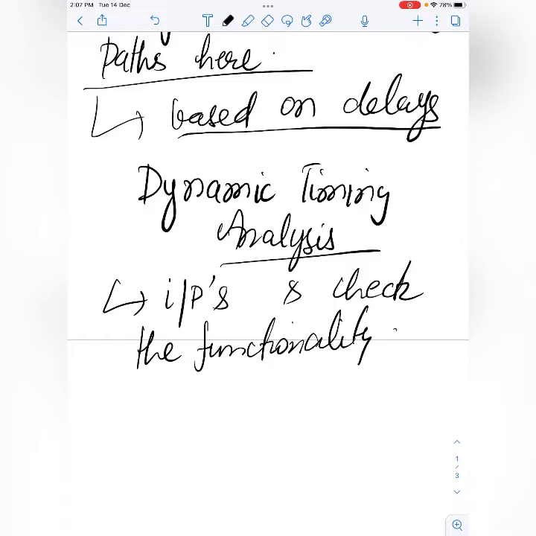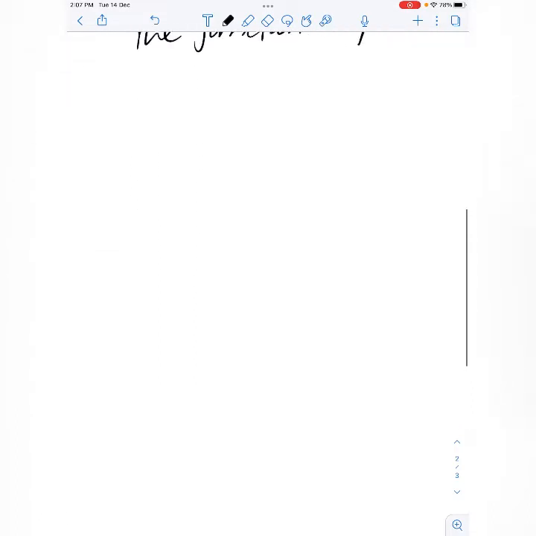So the basic difference between STA and DTA is, in STA we don't apply any inputs, we just check the timing paths based on the delays of the elements. And in dynamic timing analysis we apply inputs and check its functionality, that's it, nothing more, nothing less.